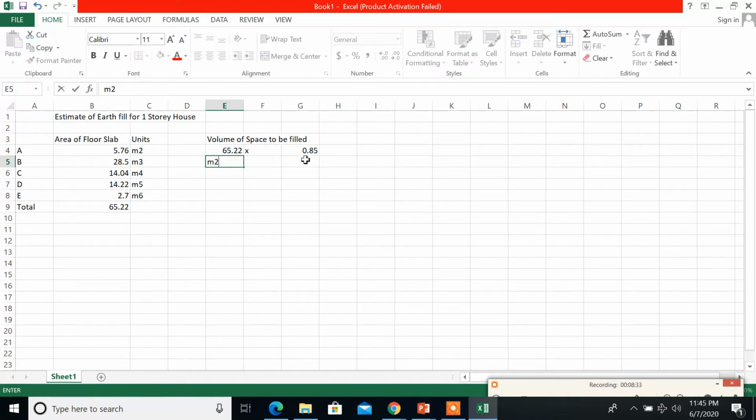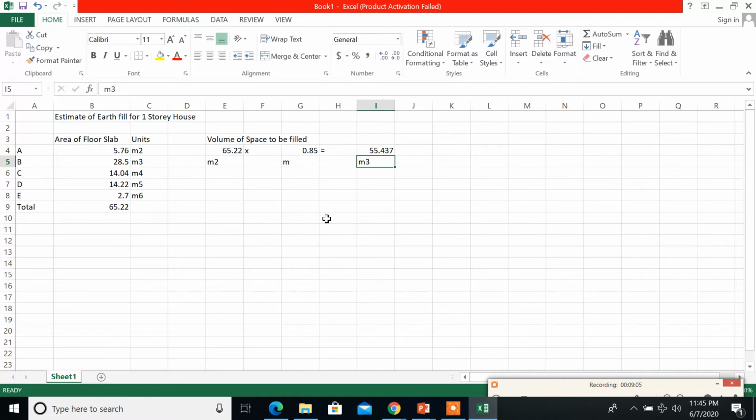Units are square meters, then meters. So the total volume is equivalent to 65.22 times 0.85 cubic meters. Here is the volume of space to be filled: 55.47 cubic meters.